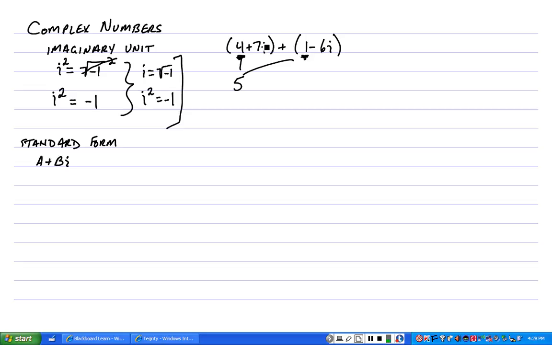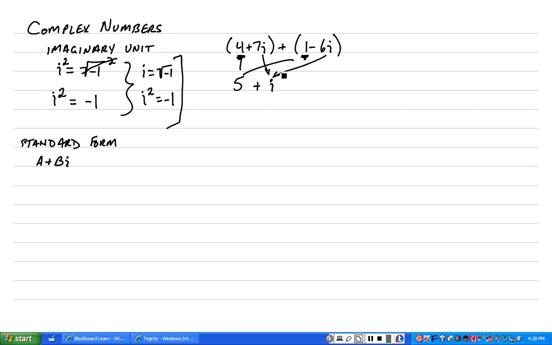Then we look at our i term, which is the 7i and a negative 6i. So 7i minus 6i would give us a positive 1i, or just i. 7 minus 6 would be just 1.